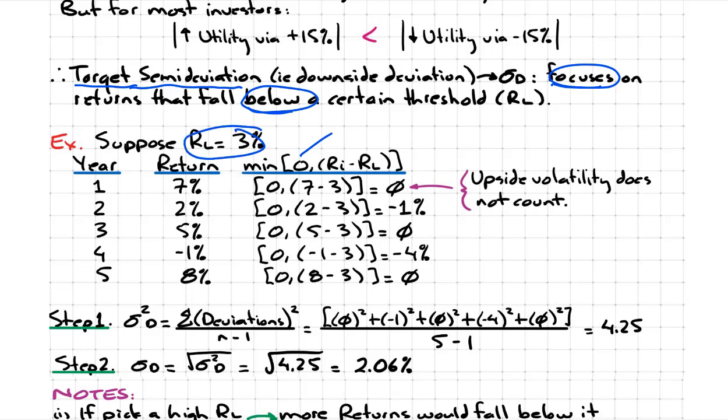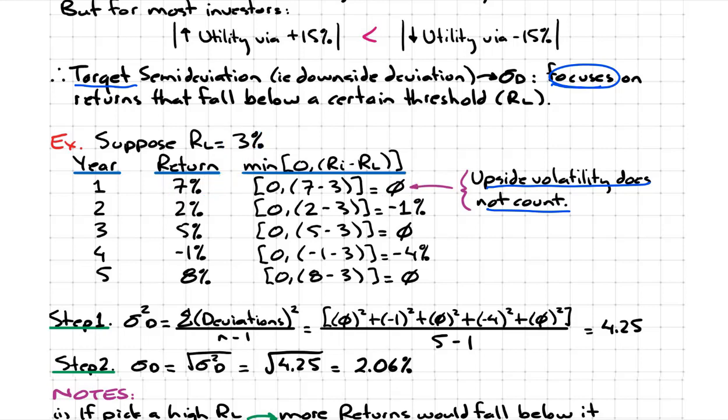We're only interested in the data points that lie below the target. If we look at the first return, it was 7%. Now 7% was above 3%, so it doesn't register as an observation for target semi-deviation. And there it is, upside volatility does not count.